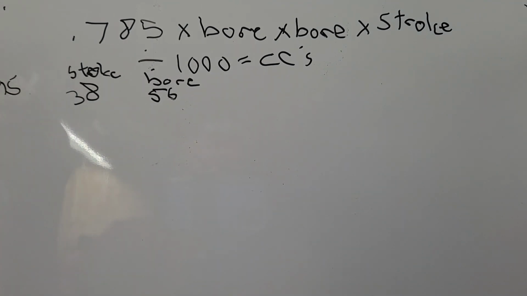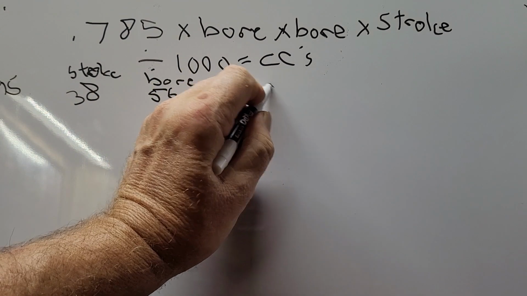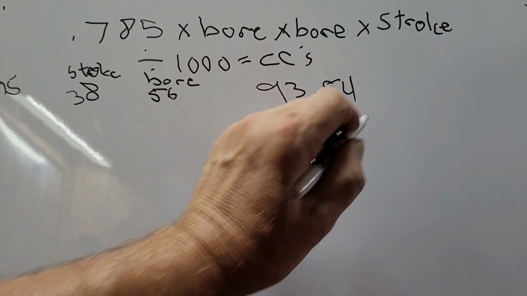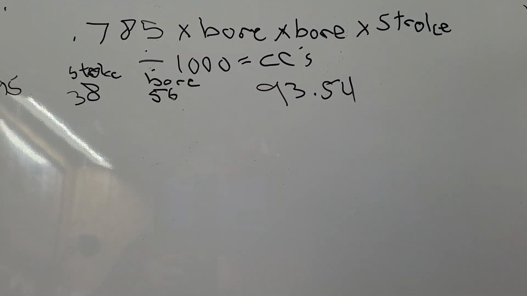That's the stroke. You will get 93.54 if you did it right. Don't forget to divide by 1,000. You don't have to, I just move the decimal point over. That's a big saw.